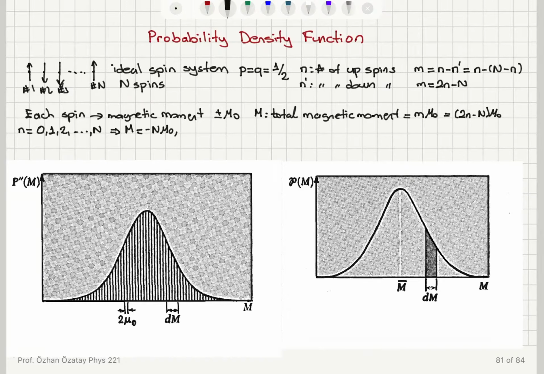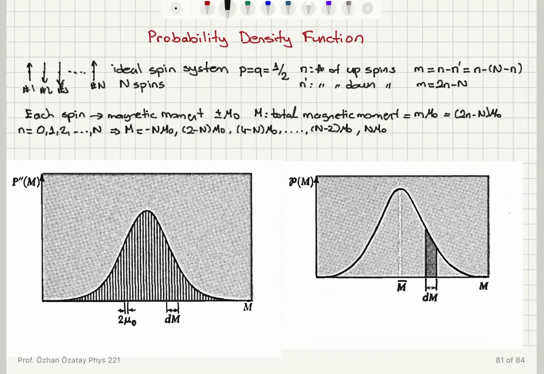If N is equal to 1, it would be 2 minus N mu 0, 4 minus N mu 0, and so on, all the way up to, for N equal to capital N minus 1, capital N minus 2 mu 0. When N is equal to capital N, 2 capital N minus N, this would be capital N mu 0. These are the possible values capital M can have. So that's basically a discrete variable.